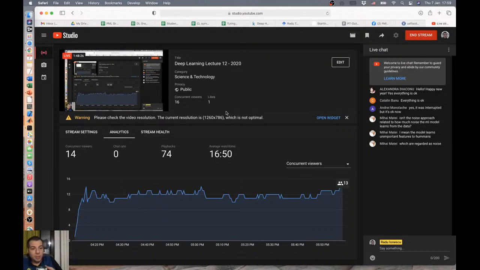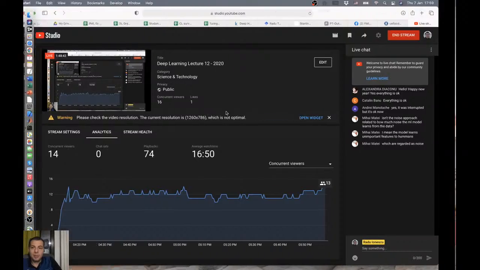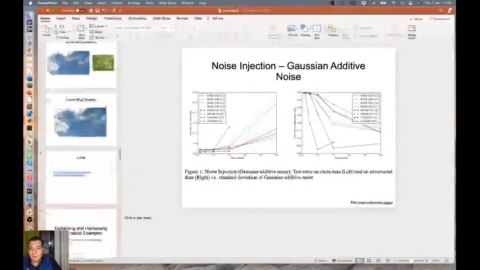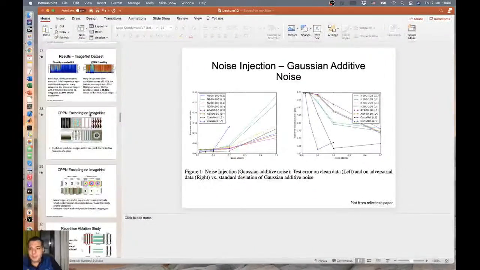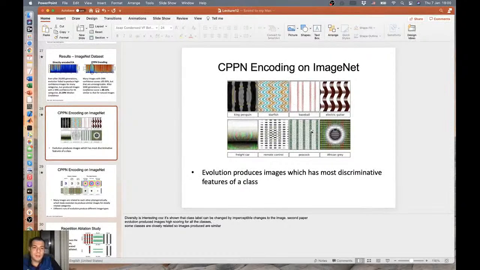Oh, okay. So you mean in a more general way that models are unimportant? Yeah, from the paper with the generative evolutionary strategy of generating adversarial examples, we saw those CPPN images that look like patterns, right? So they look for different things than what humans look for.